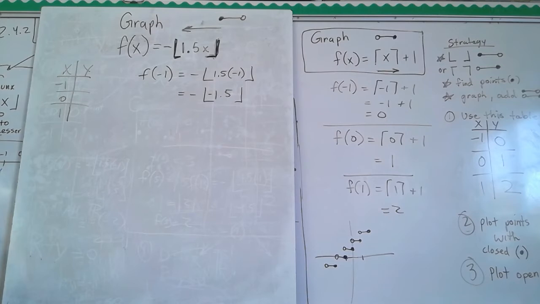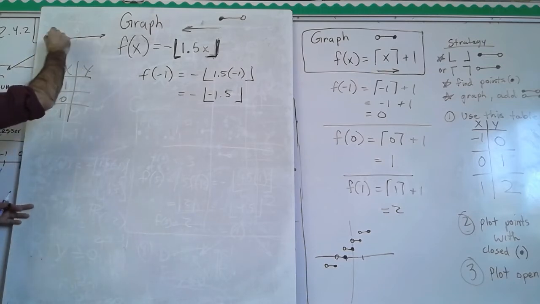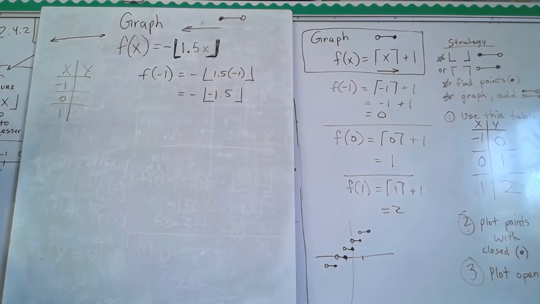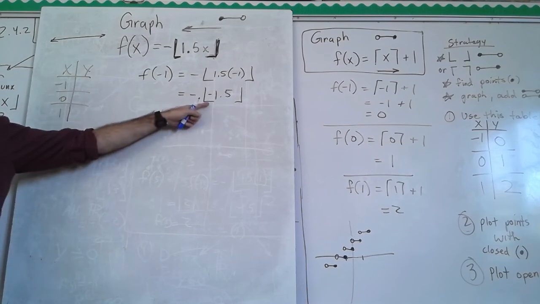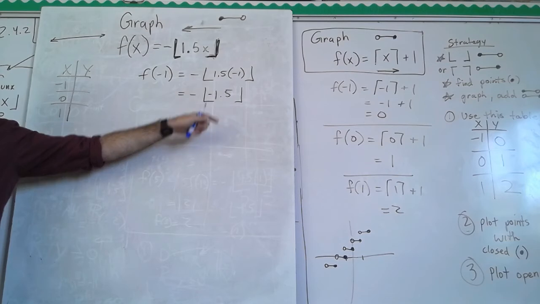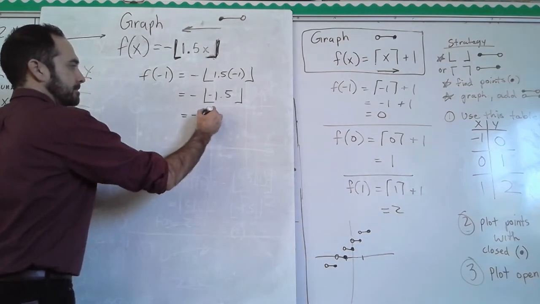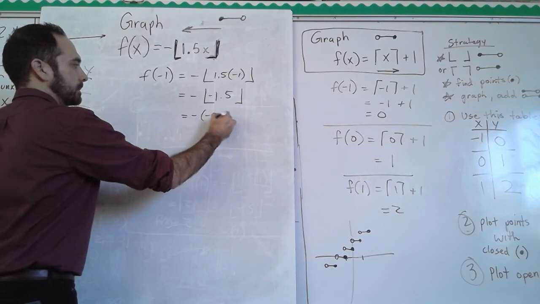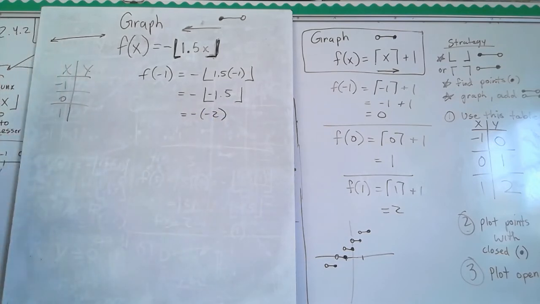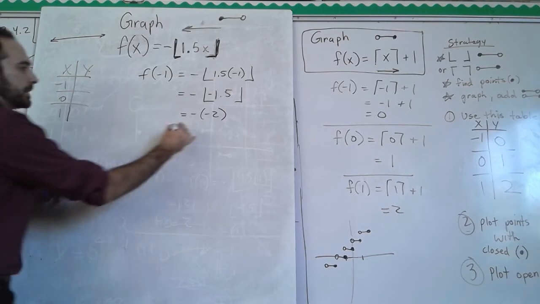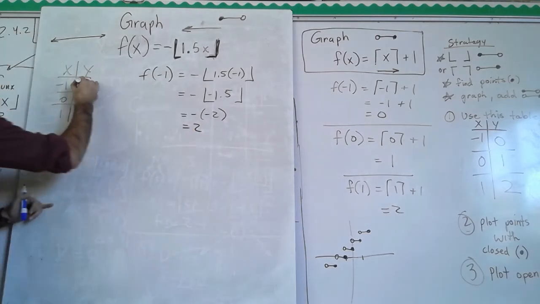So thinking about this on a number line, if we have negative 1.5, and we are doing a floor function, so we're rounding to the lesser number, negative 1.5 rounds to what? Negative 2. Because it's a floor function, we're going towards negative infinity with that. So altogether we get positive 2 for that.